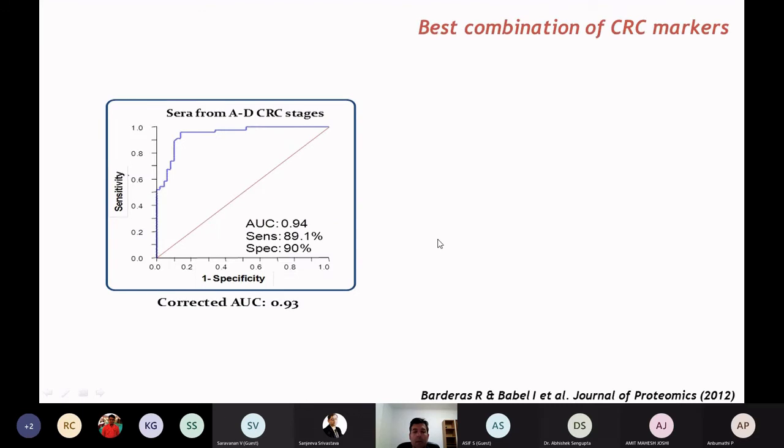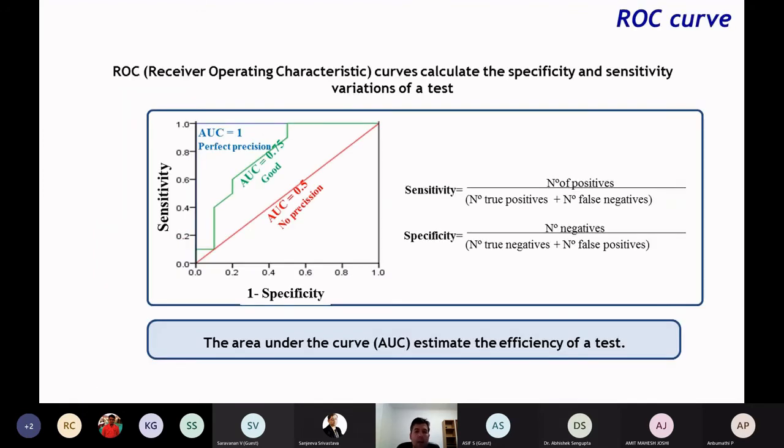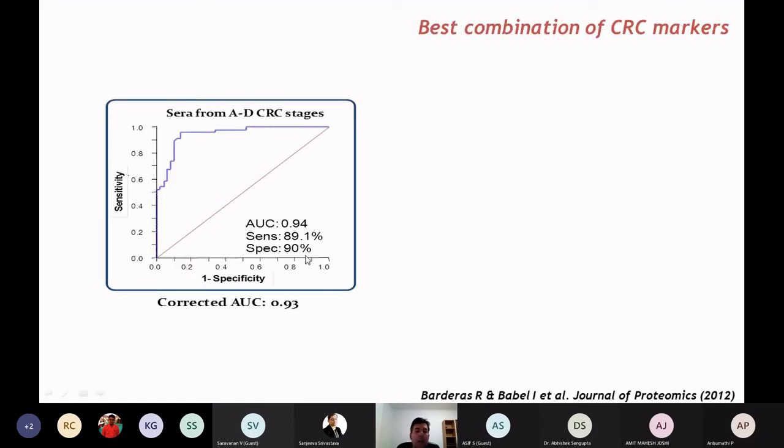And we observe that our potential phages with diagnostic ability, the combination of them, possess an area under the curve near 100% of efficiency, and a sensitivity and specificity near 90%.